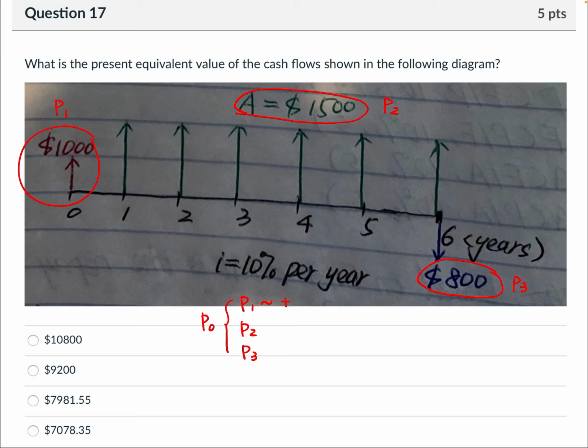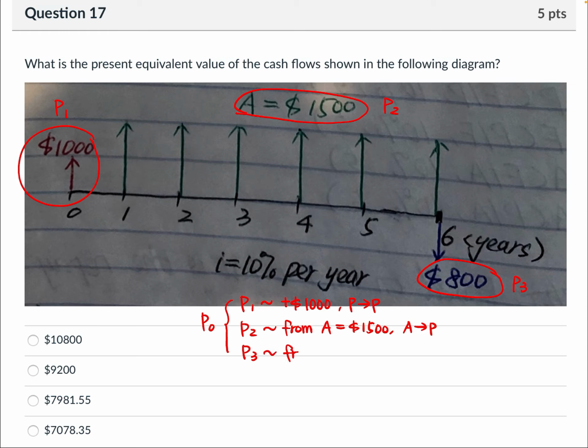So P2 is from the annuity of 1,500, so it's to convert annuity to present.